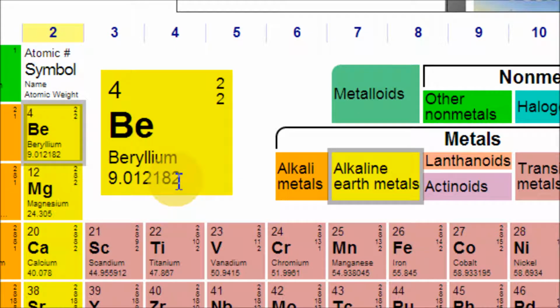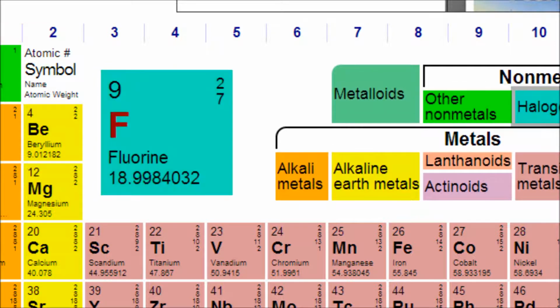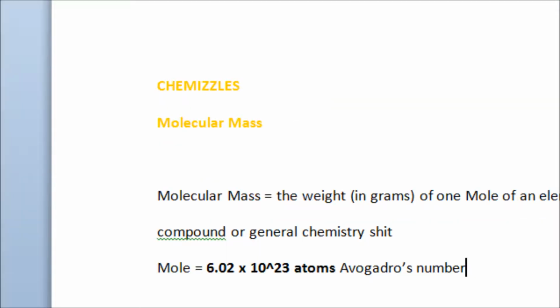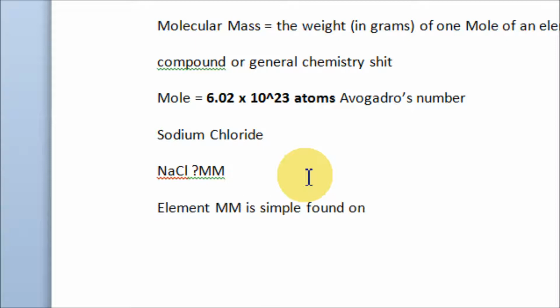What if you have a compound, say sodium chloride? I used this example in the last video, NaCl. So, sodium chloride, NaCl. How do you find the molecular mass? I abbreviate molecular mass to be mm. That's just what that means. Well, for an element, molecular mass is simply found on the periodic table.